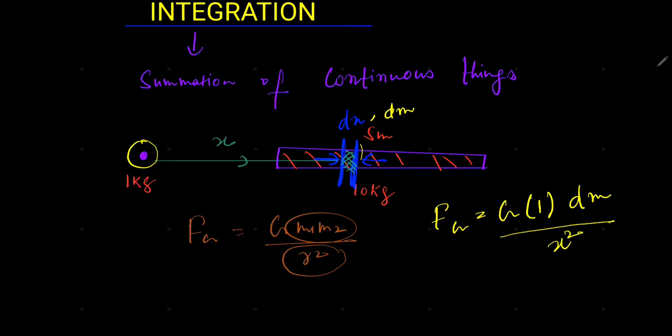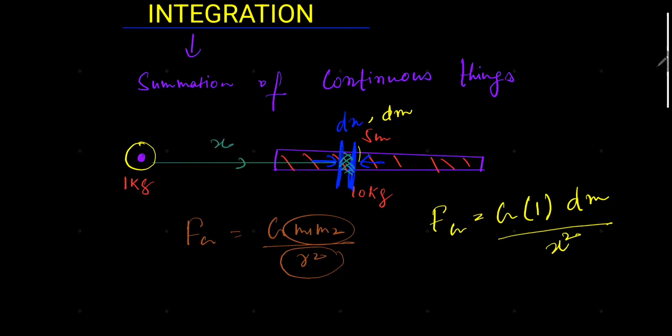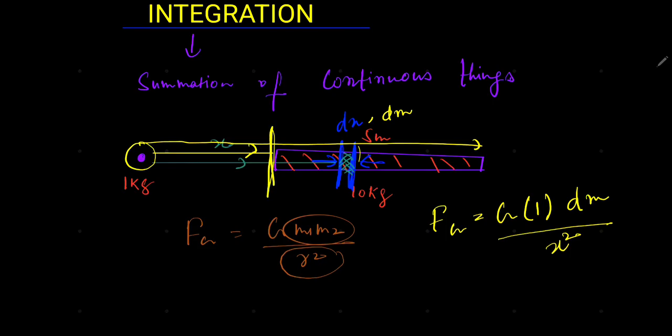Now imagine, since this x is variable, this x starts from here and finishes at the end of this rod, and so from this to this there are many values of x possible, infinite values of x are possible.